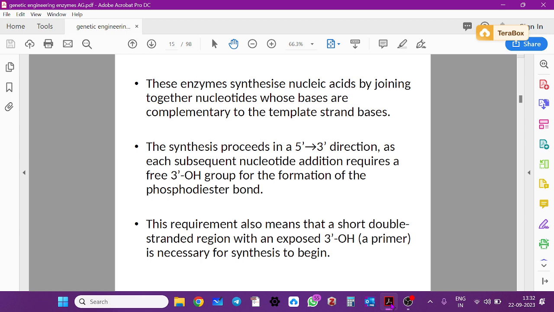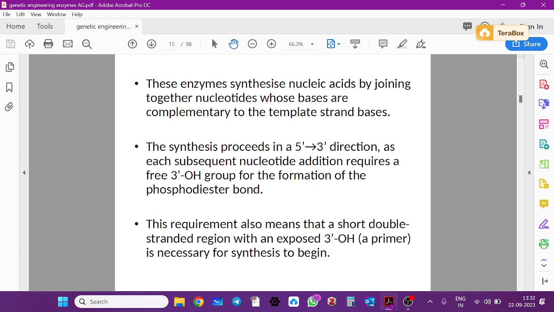And say this is the 5' part of the sugar, it will attack the 3' OH of another nucleic acid. And then this phosphodiester bond is formed. These two phosphates will be removed.